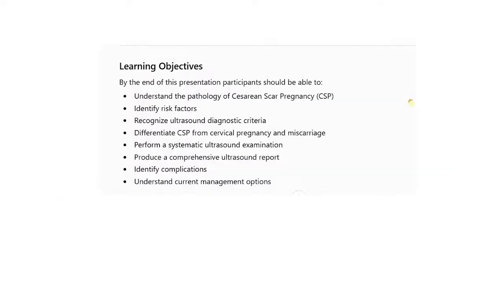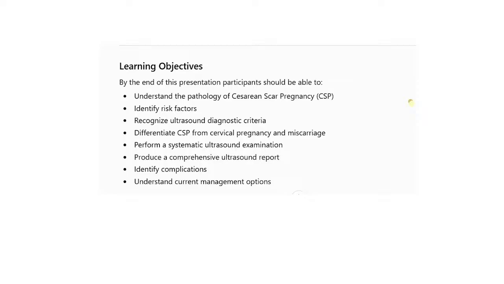So now, what are our learning objectives? What is it that we intend to understand or to master in this lecture? By the end of this presentation, participants should be able to understand the pathology of cesarean scar pregnancy and identify the risk factors. Then you have to recognize the ultrasound diagnostic criteria. Then you must differentiate CSP from cervical pregnancy and miscarriages.